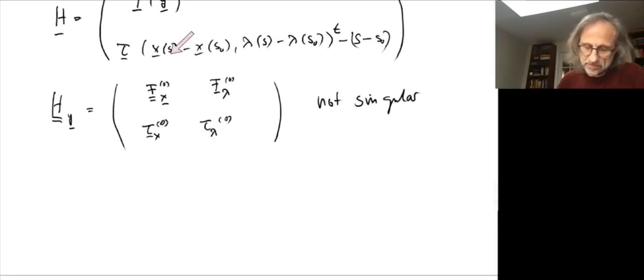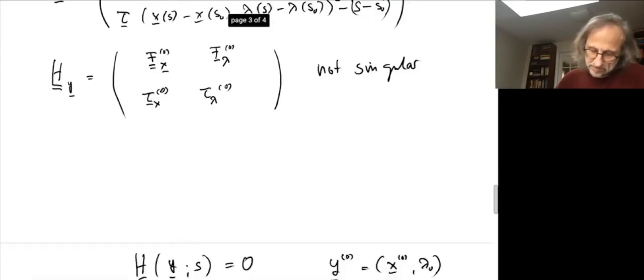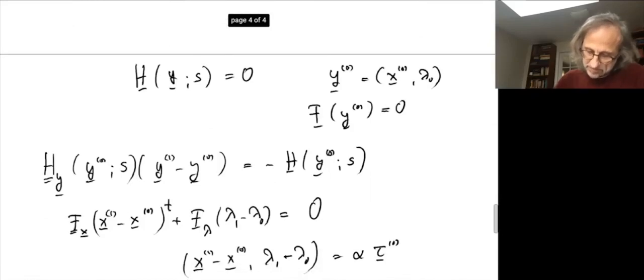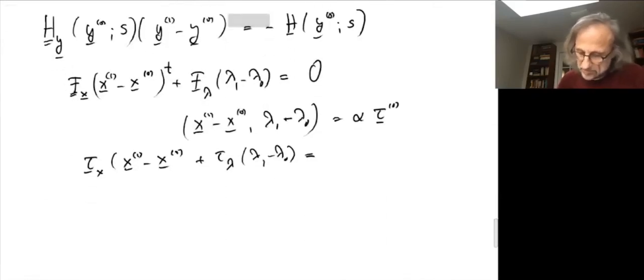So both of these terms vanish, and we're only left with s minus s0. And so we have minus that, so this gives a plus s minus s0.